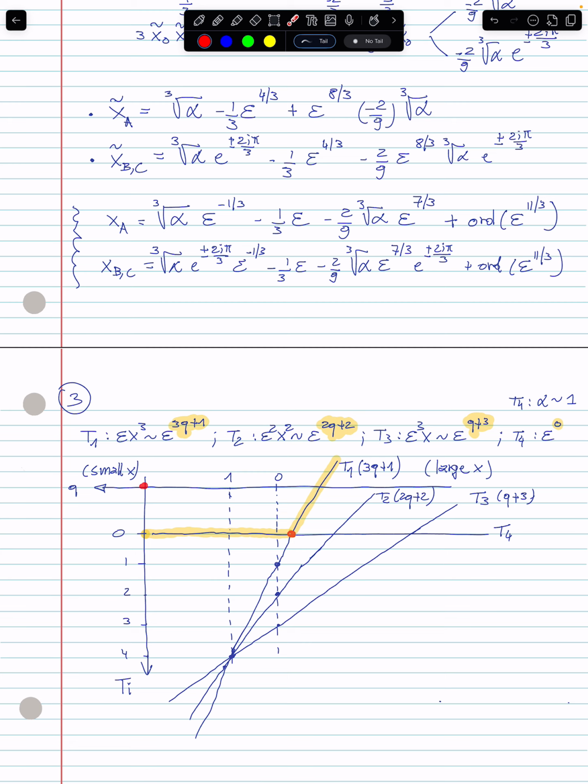We'll have a balance between T1 and T4. And how long does this hold if we decrease the value of alpha? This is still the case, still the case, still the case, until this point. So we have a critical point over here.